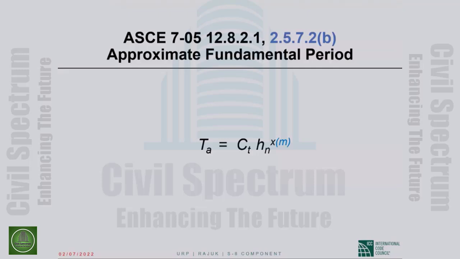The design base shear is inversely proportional to period or period squared. So if we want to remain conservative when somebody does not refine the initial period estimate, then T sub A has to be smaller than the rationally computed period.